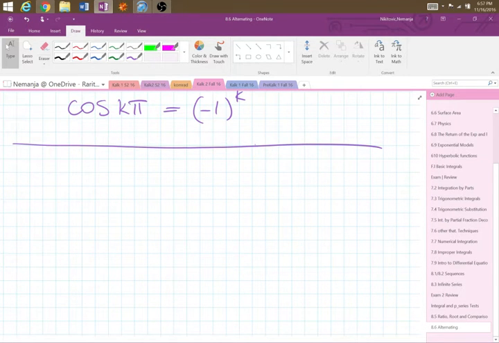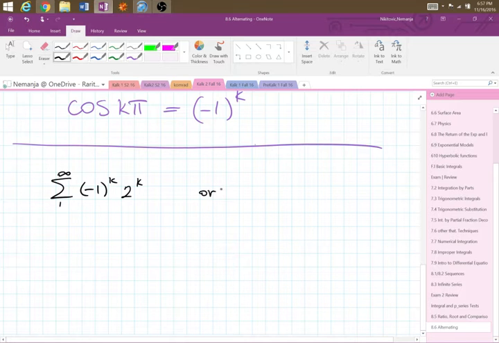Time for us to do a problem. Let's say you have a summation of -1 to the k, 2 to the k, from 1 to infinity. I'm just going to put over here summation 1 to infinity of -2 to the k.